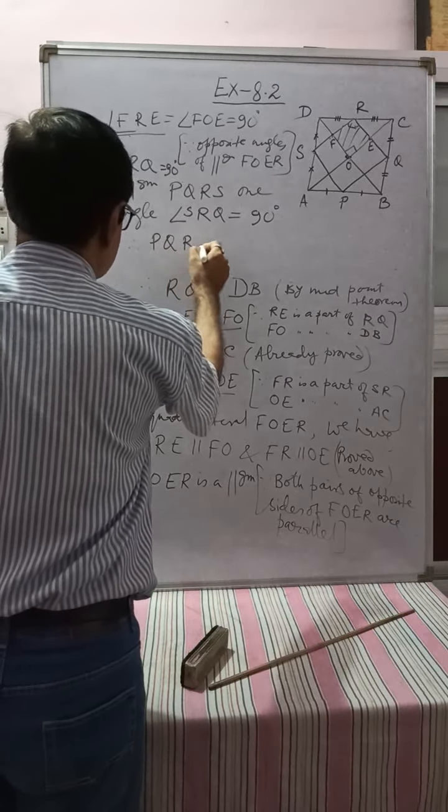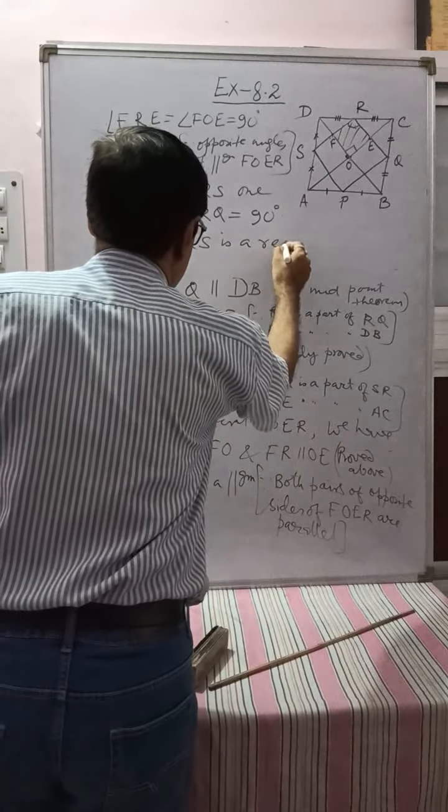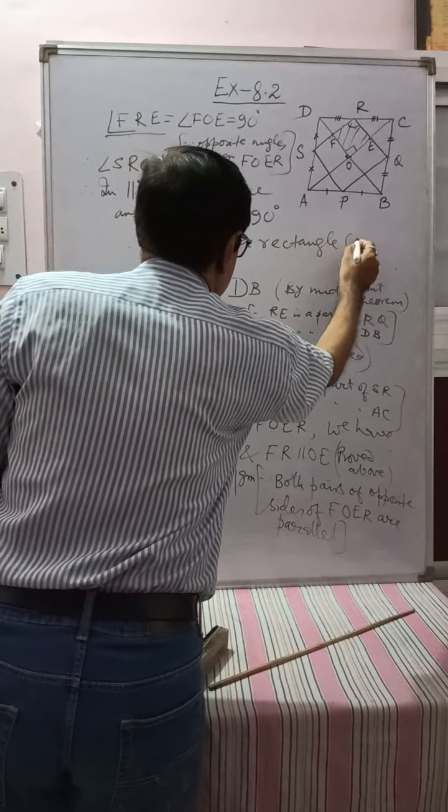Therefore PQRS is a rectangle, and that is proved.